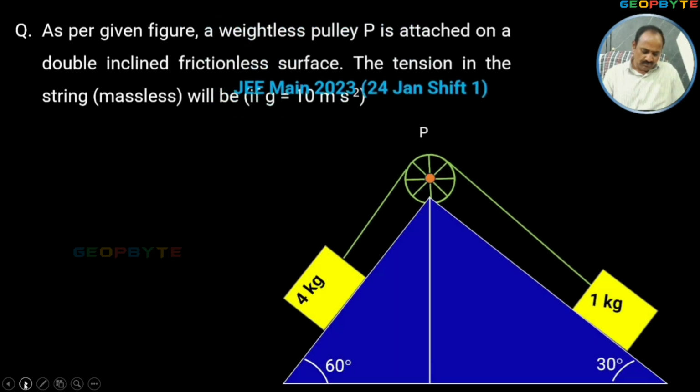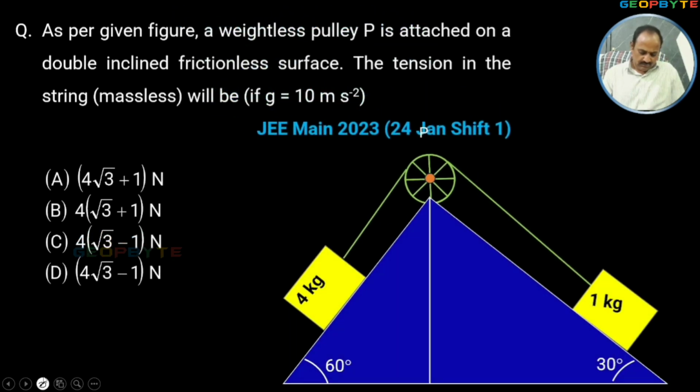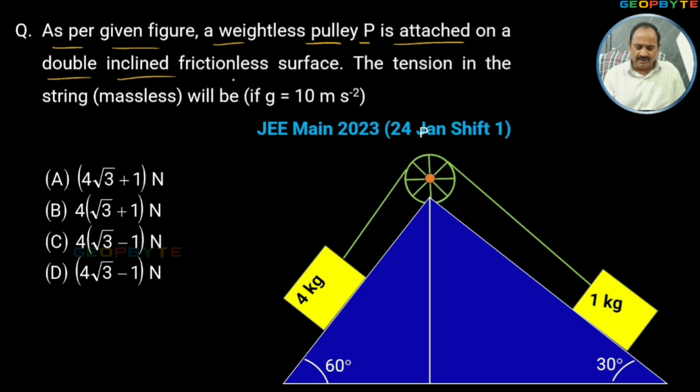Try to read this problem. It is asking like this: as per the given figure, a weightless pulley P is attached on a double inclined frictionless surface. Look at the weightless pulley, and these two are smooth, frictionless surfaces.